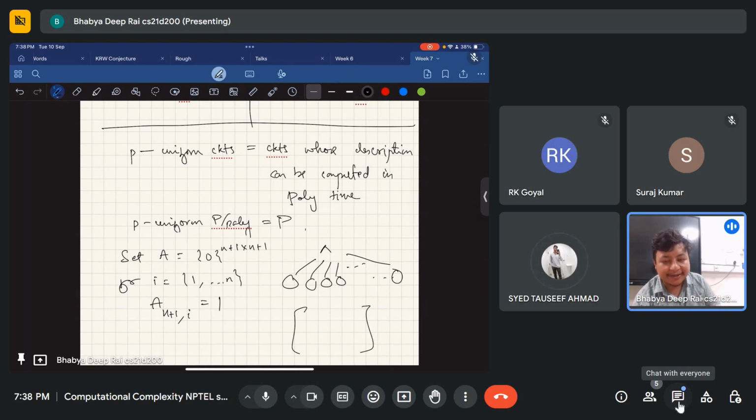It will build an adjacency matrix where I have these are 1, 2, 3, 4, and so on till n, and this is n plus 1. And then this is 1, 2, 3, 4, and so on. And there is n, then there is n plus 1, and this is the gate that is the output. And here I can write 1, 1, 1, 1, and at the end 0.